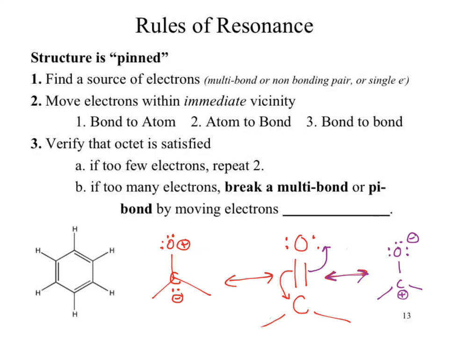It's more electronegative. If I'm looking at where the electrons are most likely to spend their time, they're going to spend their time with the oxygen. The structure on the left makes no sense because carbon is now being shown to take electrons from oxygen. So that answer is completely nonsensical.